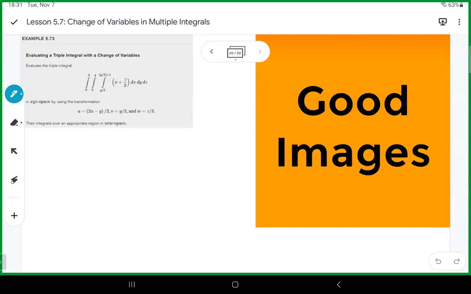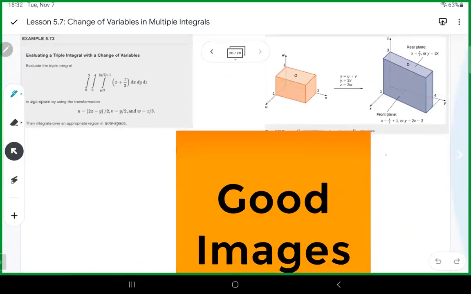All right, so it says evaluating a triple integral with a change of variable. Evaluate the triple integral of XYZ space by using the transformation, then integrate over an appropriate region. Before some kind of sketch of region G in XYZ space over which we have to perform the integration can help identify the region D. So here's our figure that helps us do that.